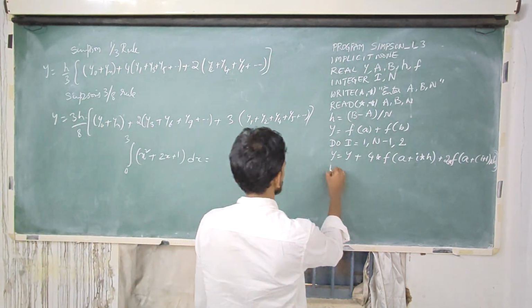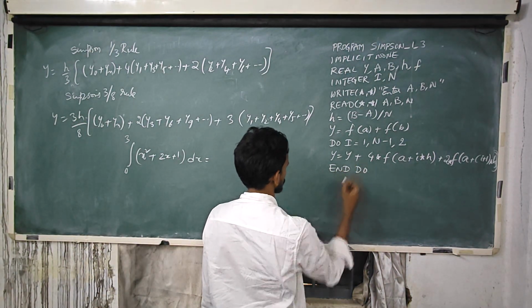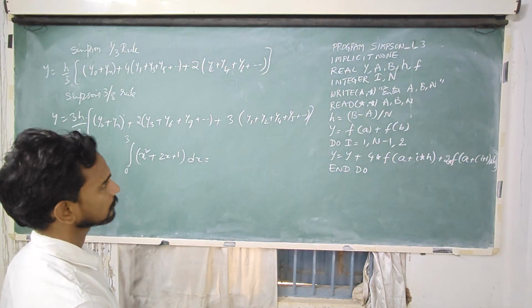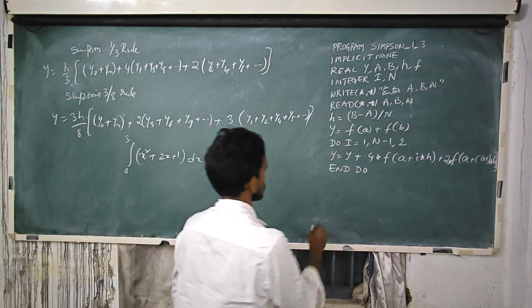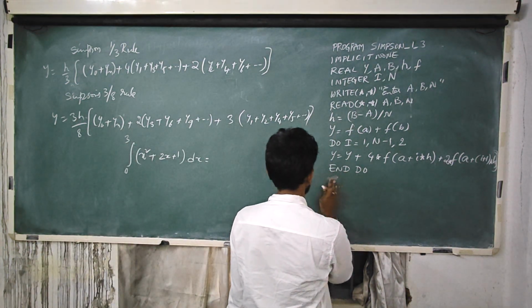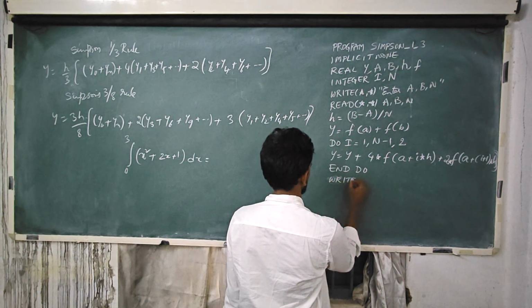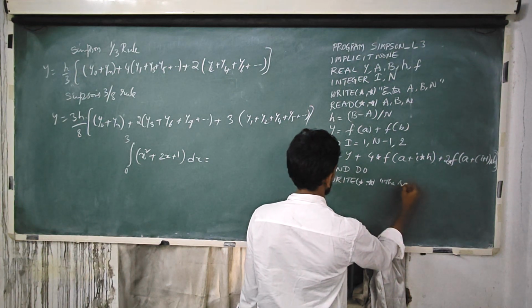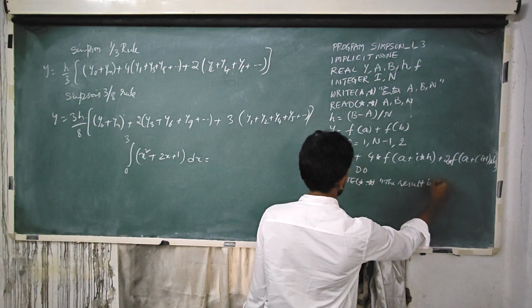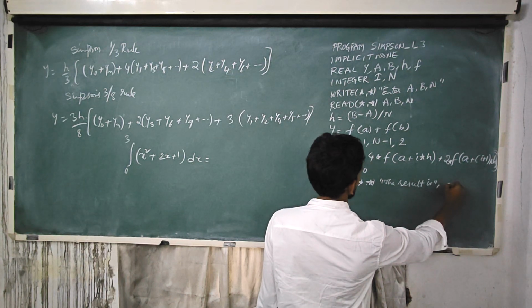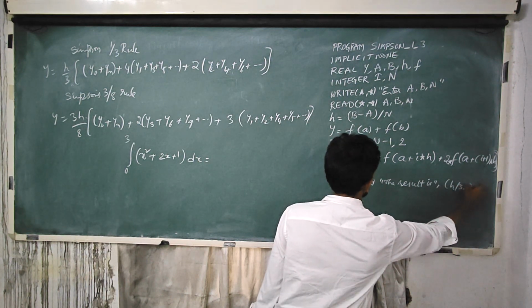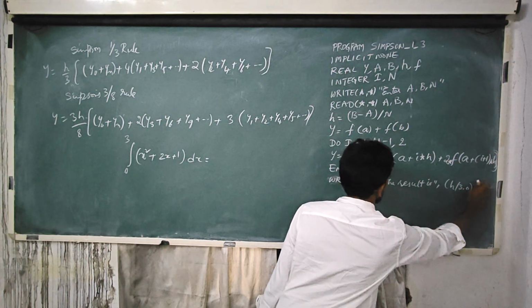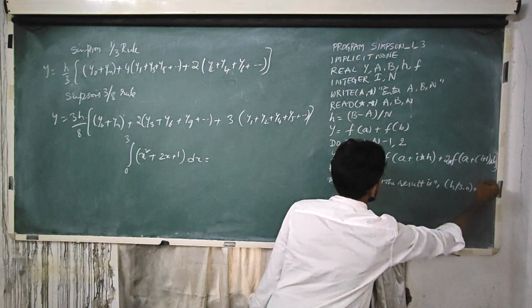So like that it continues, and at the end the result is h by 3 times y.